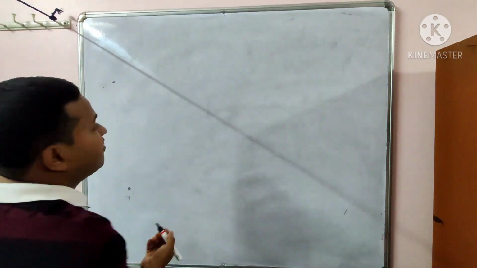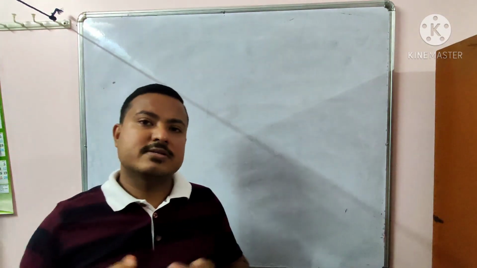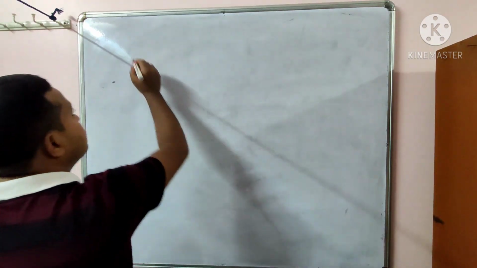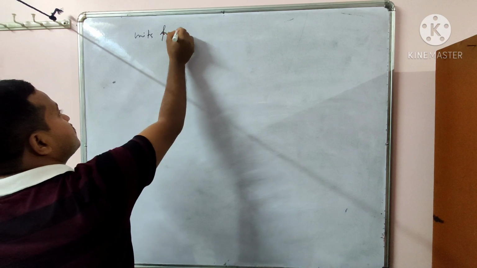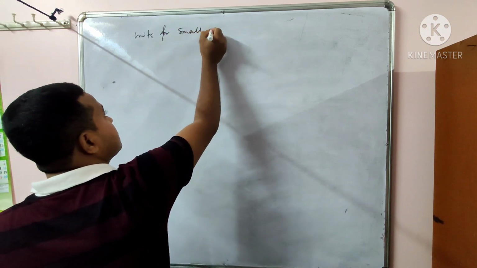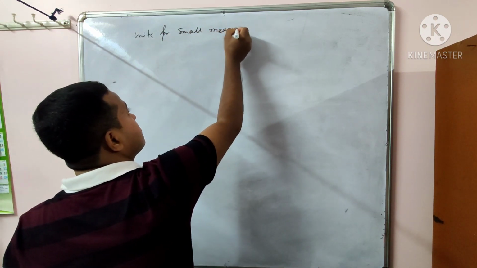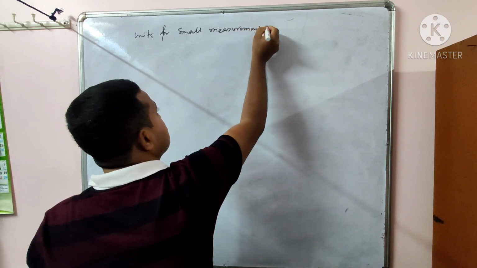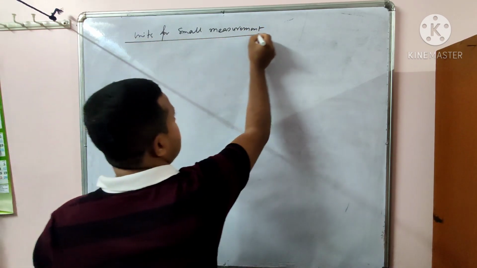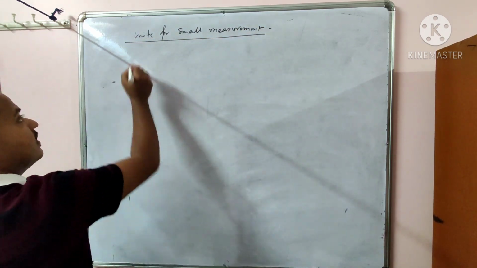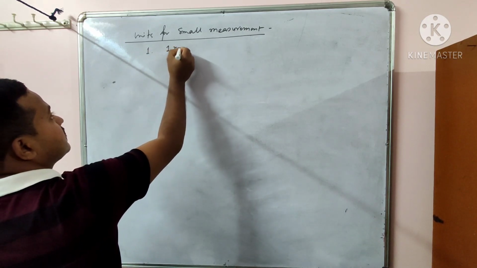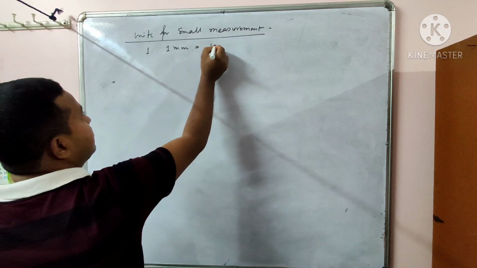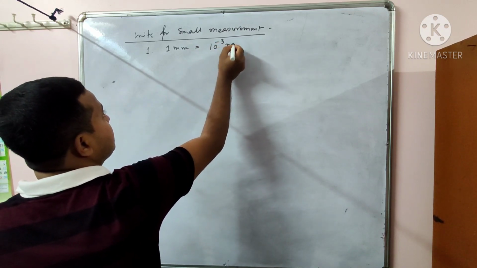Similarly, we have some units for small measurement also. Here we have millimeter, and you know 1 millimeter means 10^-3 meter.